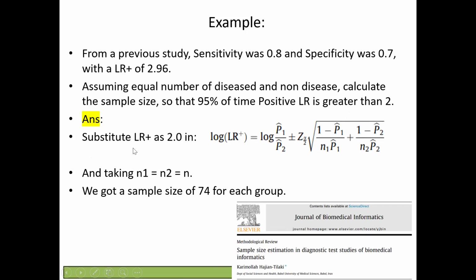So we substitute positive likelihood ratio in this equation here as 2, and we substitute the sensitivity and specificity and assume that N1 is equal to N2, we get a sample size of 74 for each group. That is 74 diseased and 74 non-diseased.